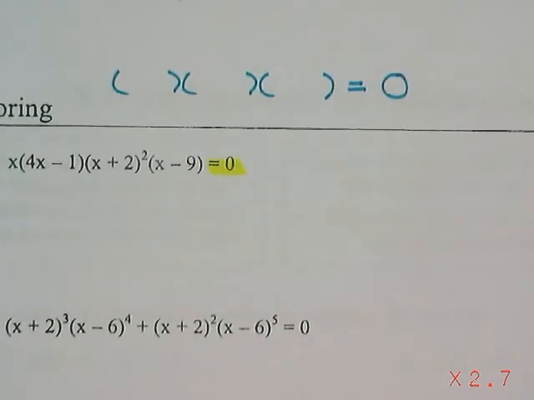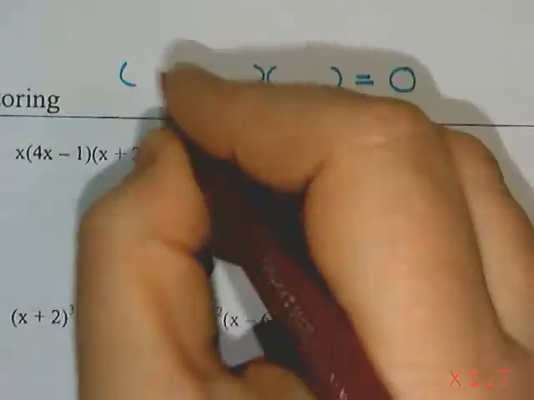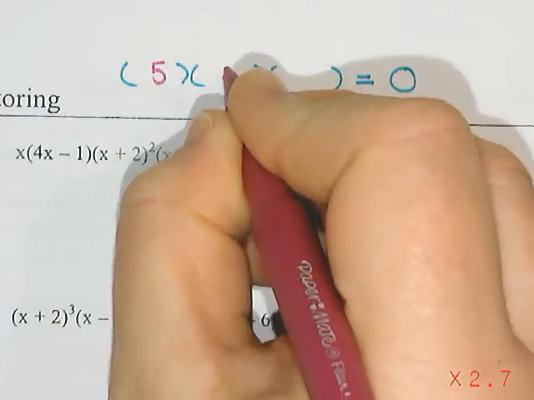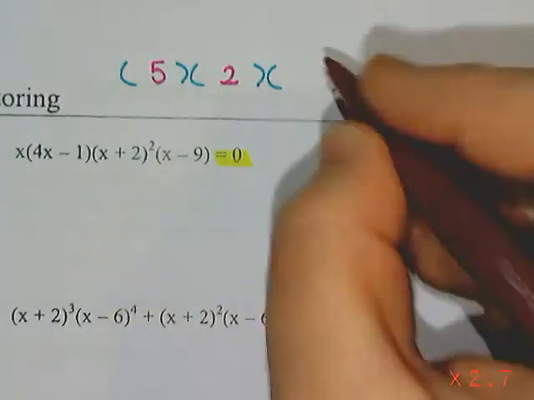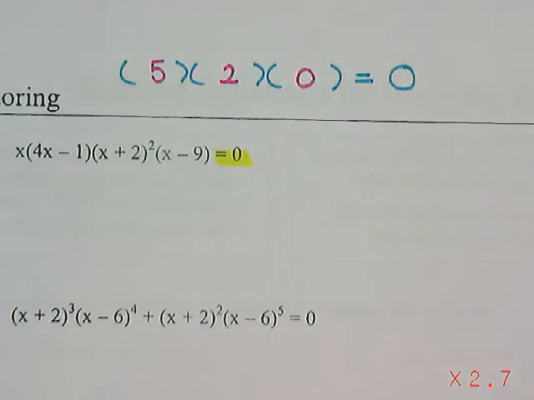Why does it need to equal 0? Well, it's easy to find things that multiply to 0. Because if I was multiplying 3 things together, as long as one of those things was a 0, it would all become 0. So if I had 5 times 2, that's 10, times 0, then that automatically makes it 0.